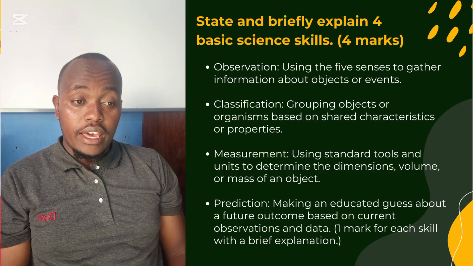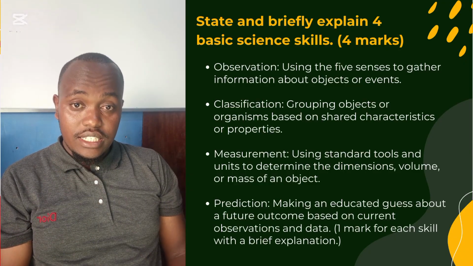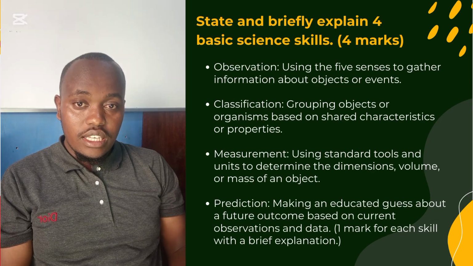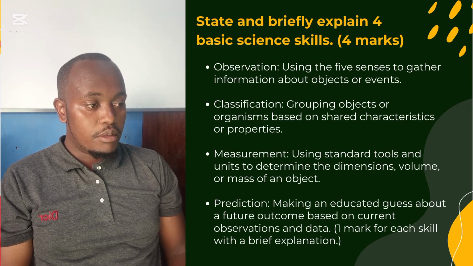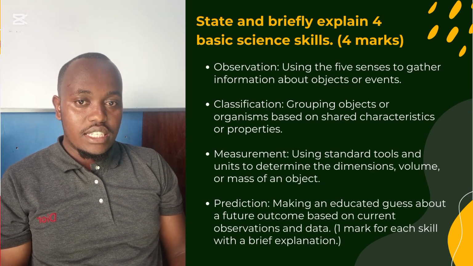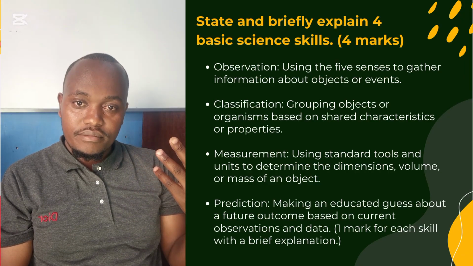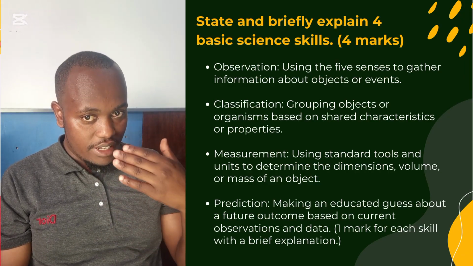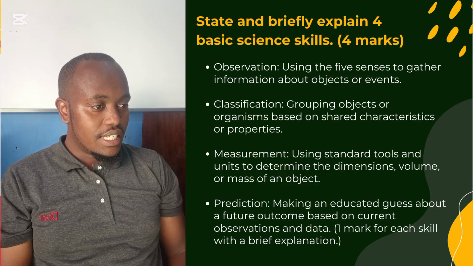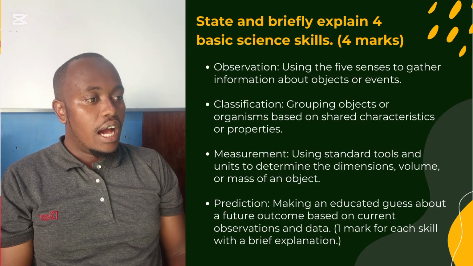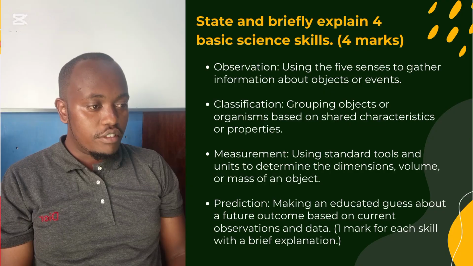You need eyes, sight. What do you see? Do you see the color of a chemical? You also need to touch and feel the texture. Sometimes you will need to hear, and sometimes the smell. So the 5 basic senses are important in observation.